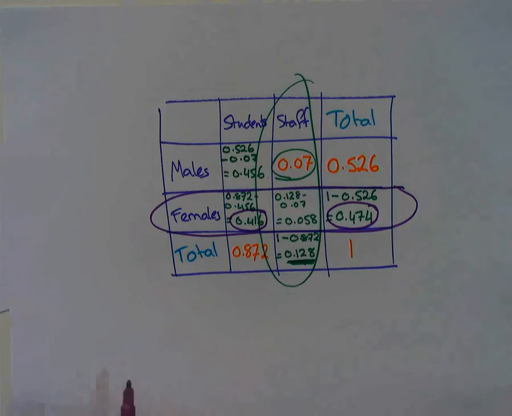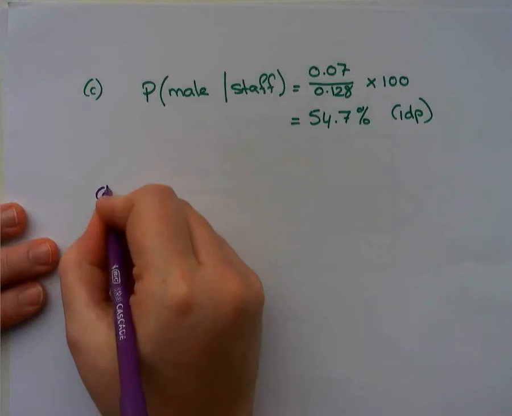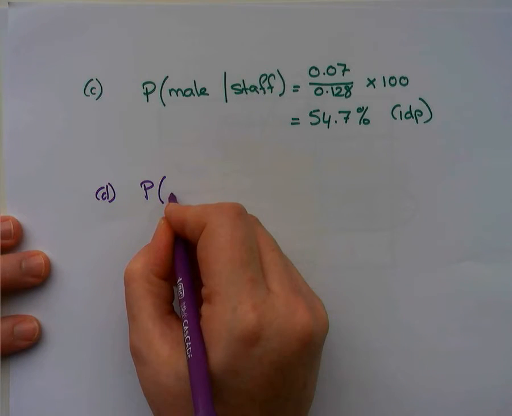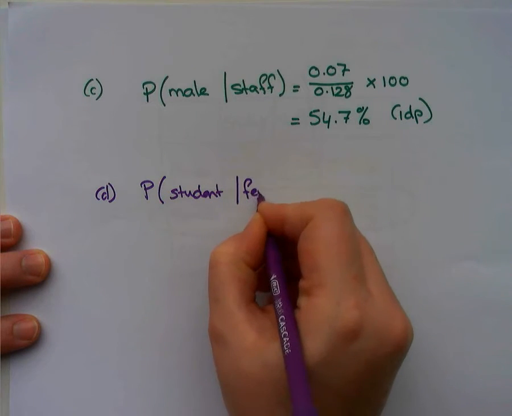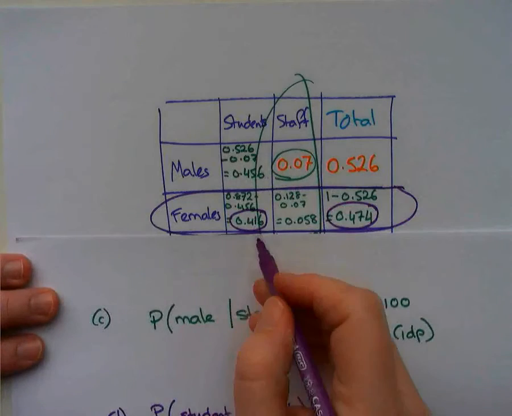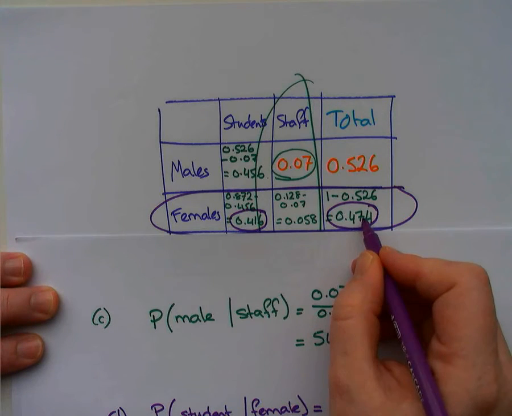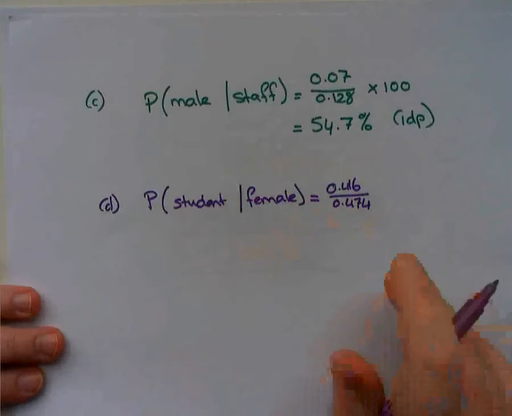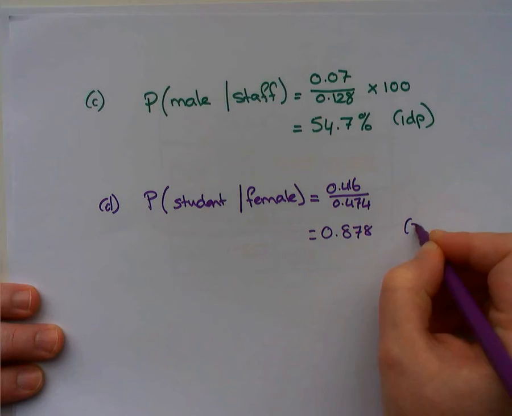So our conditional probability for part D: the probability of being a student given that you are female is 0.416 over the total proportion of females, 0.474. And that is going to give us, as a decimal, 0.878 to 3 dp.